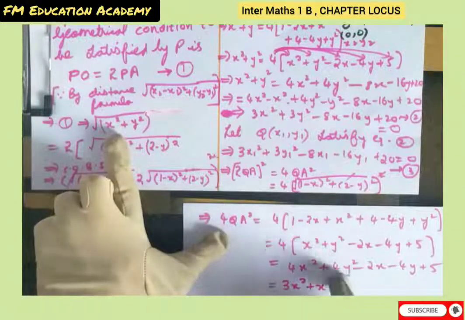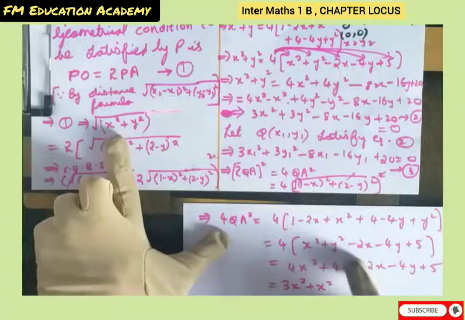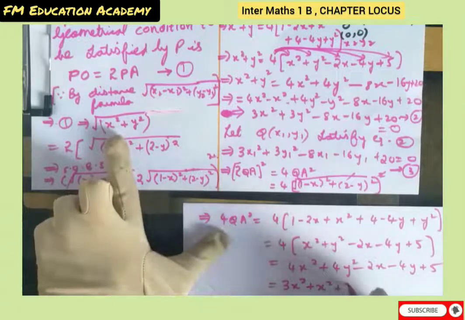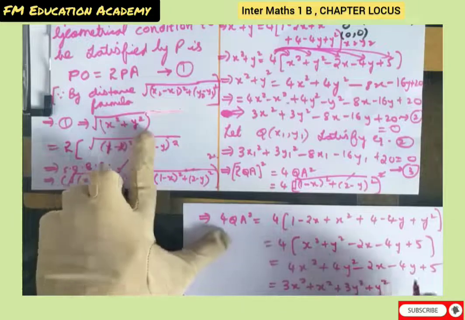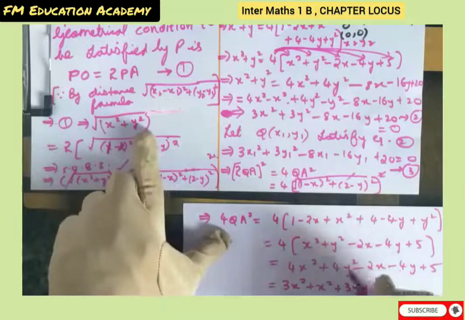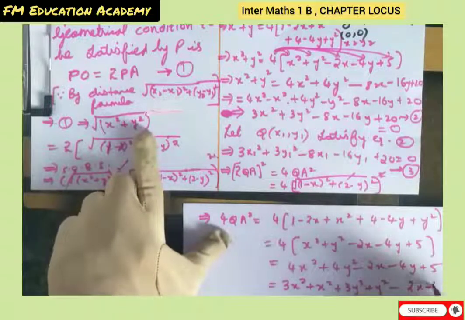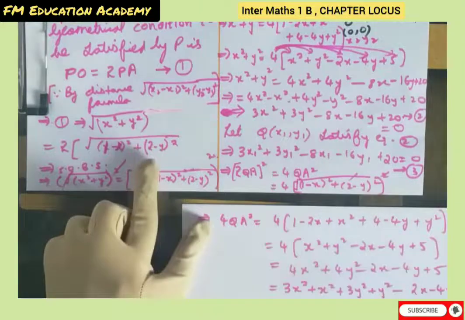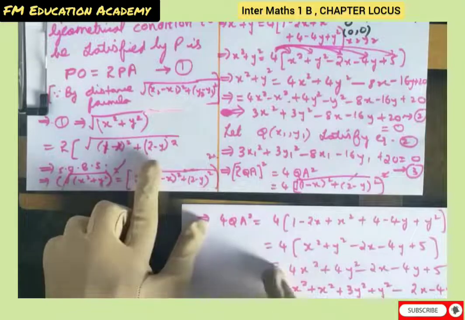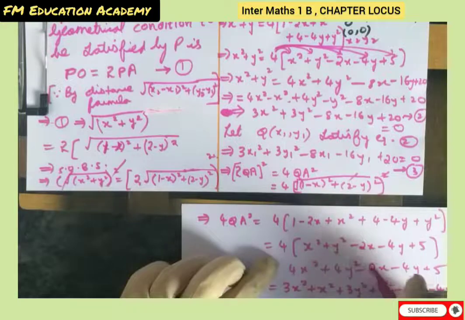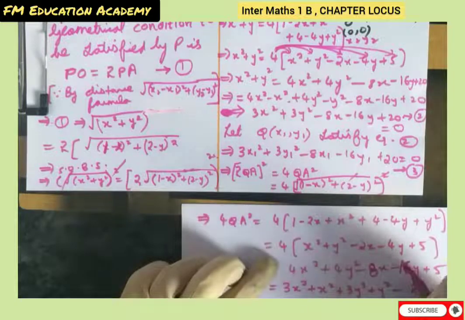Similarly, 4y square can be written as 3y square plus y square, so we get y square. Now the rest will be as it is: minus 8x minus 16y plus 20.